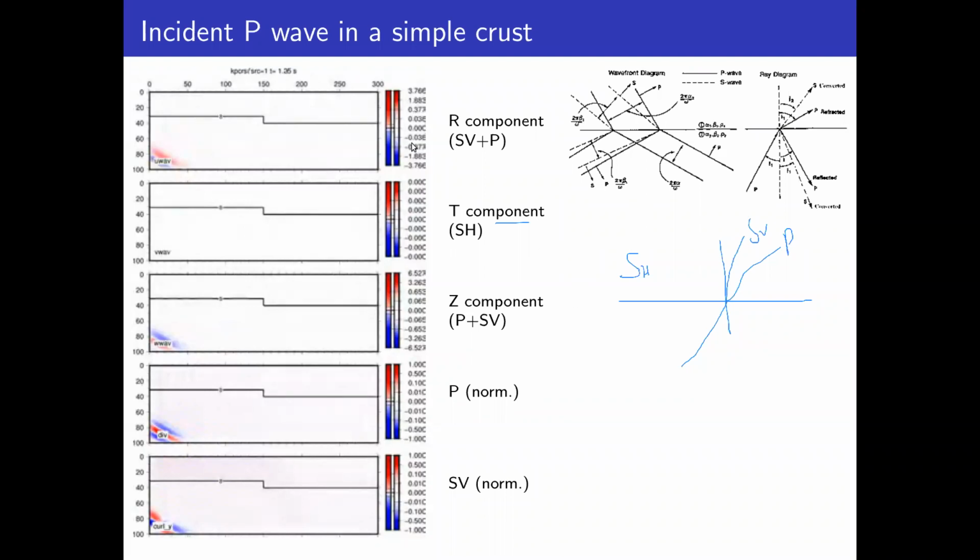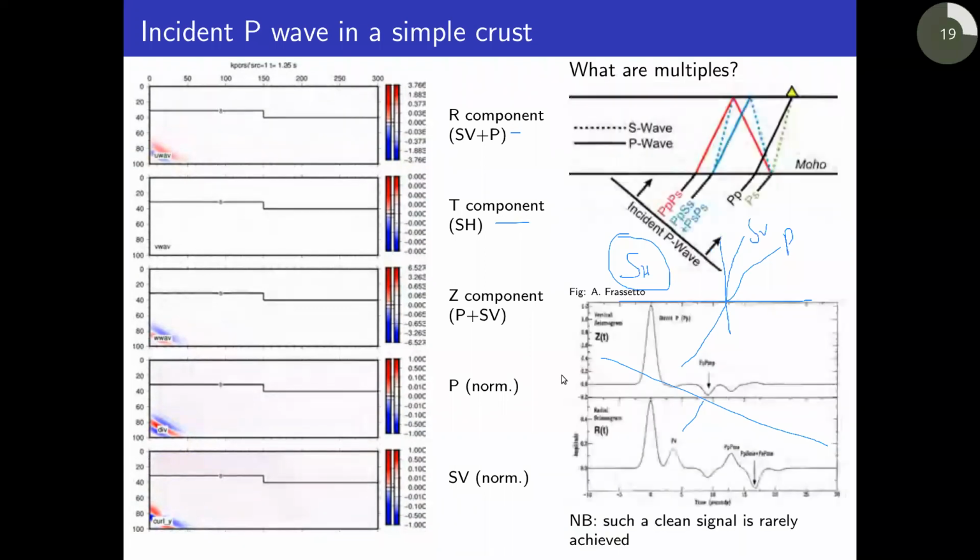There should be only energy in the radial component, because there is no SH wave coming from the conversion of the P at the interface. But if you have an inclined, not horizontal, layer, then there is some SH energy that is generated. So we use this to have an idea if your interfaces are horizontal or dipping interfaces. These are the things you investigate.